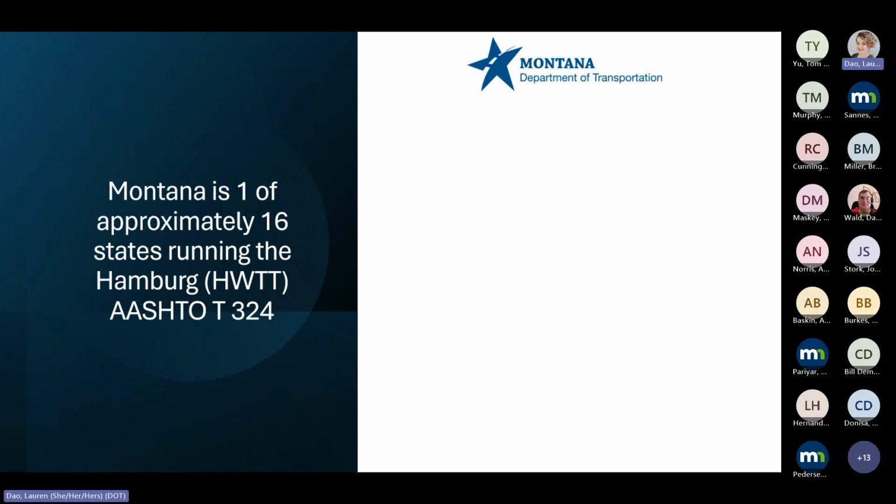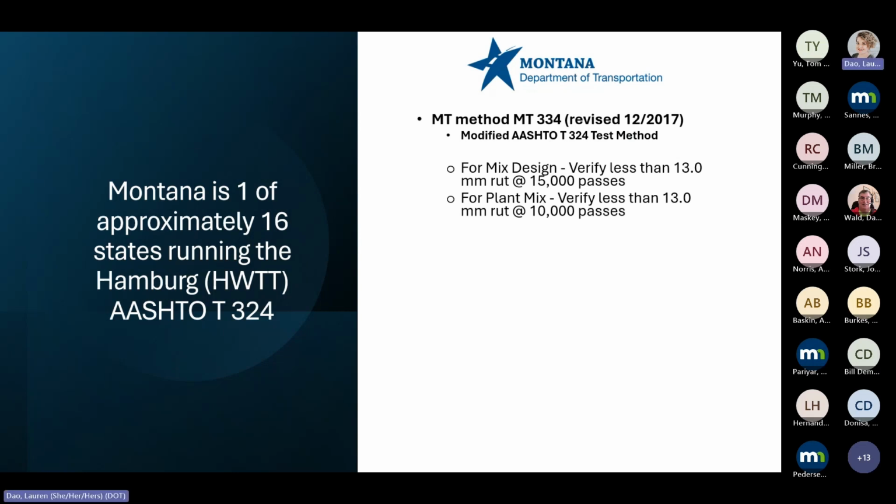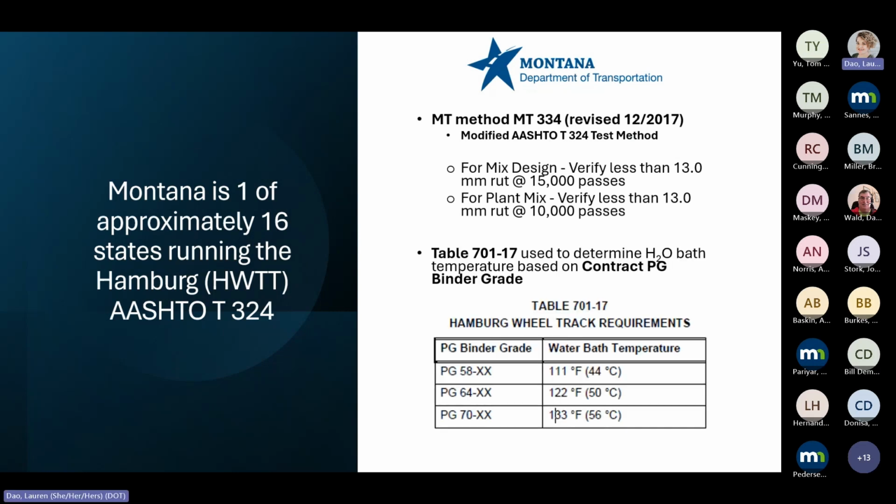We're one of 16 states doing the Hamburg. We had it as a part of our mix design verification and then a go, no-go test. I'd like to think that I started this.